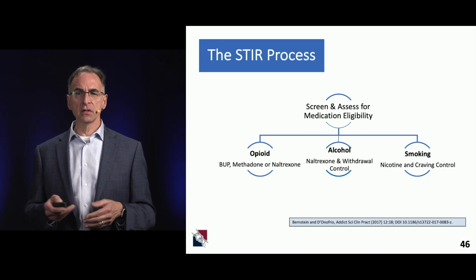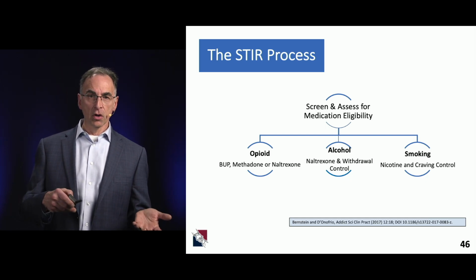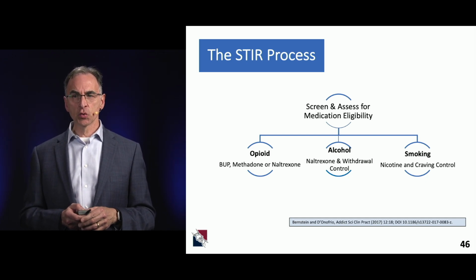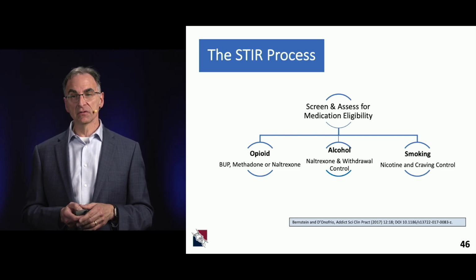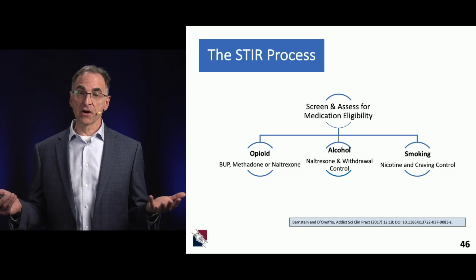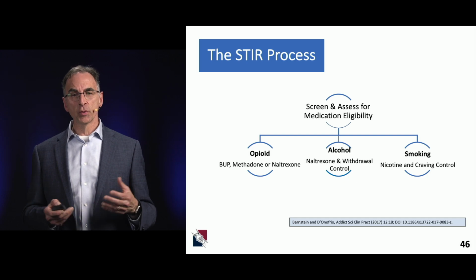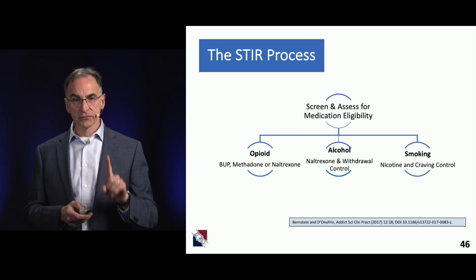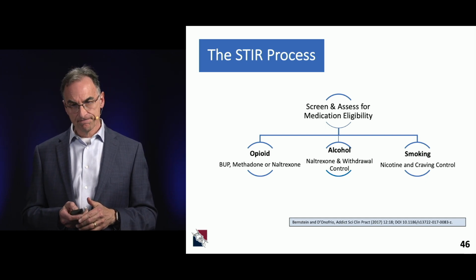Appropriately selected and screened individuals with specific substance use disorders such as opioid, alcohol, and nicotine can be offered clinically validated medications to treat withdrawal symptoms and control the cravings that make abstinence so difficult to maintain. Fortunately, there are many available medication options that can be tailored to your patients. Regardless of your practice's approach to substance use disorder management, protocols for screening, medication eligibility, prescribing, management of withdrawal, and follow-up are always needed.